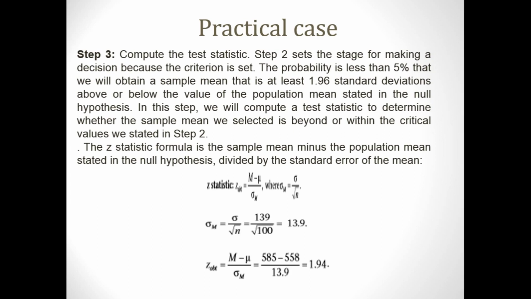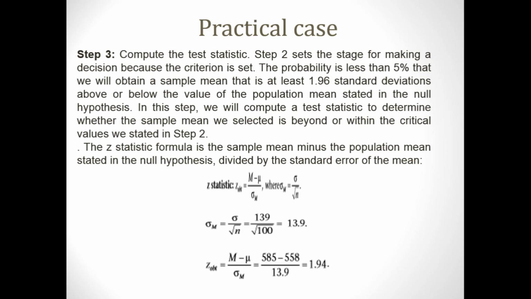So our calculated standard error is 13.9. So the z-score is, as we said, the sample mean minus the population mean stated in the null hypothesis divided by the standard error of the mean. So we find that the test statistic is 1.94.